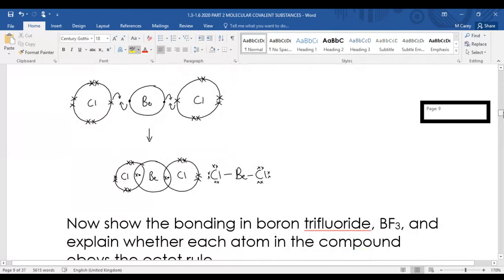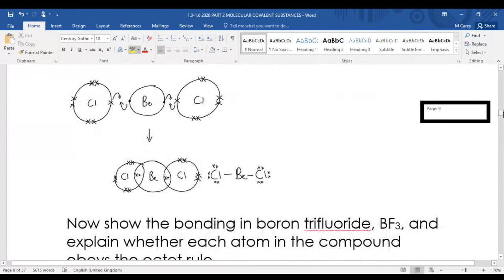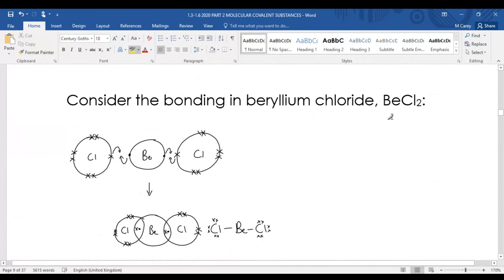Okay, so what I want you to do is have a look at this and say, do the atoms in beryllium fluoride obey the octet rule? So I want you to talk about both chlorine and beryllium, and we'll come back to the answer in a moment.